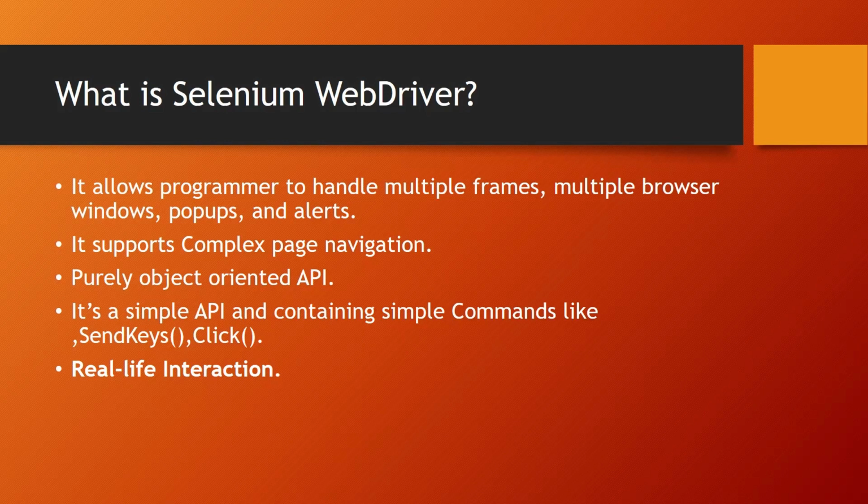And to click any web element in the automation, we can just use the method click, and we can control the elements of the web application. So it really helps us write code very easily.